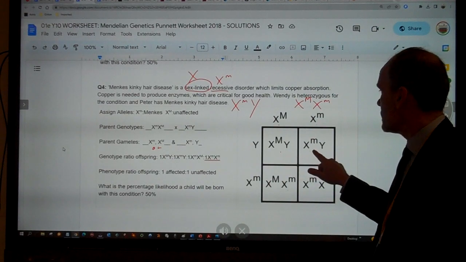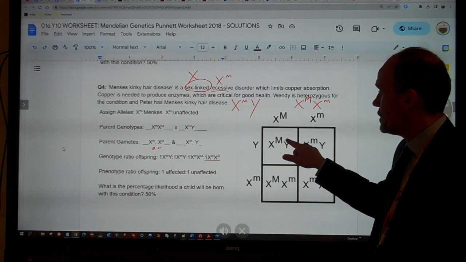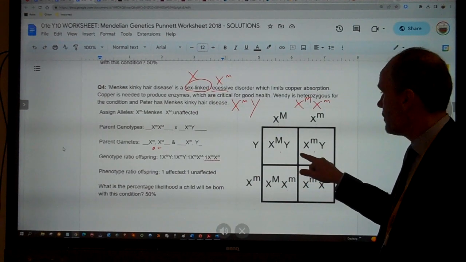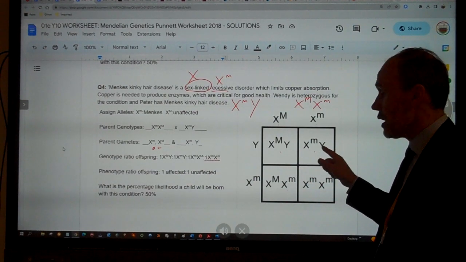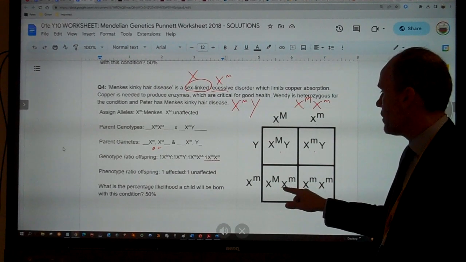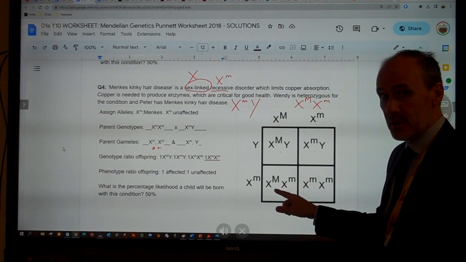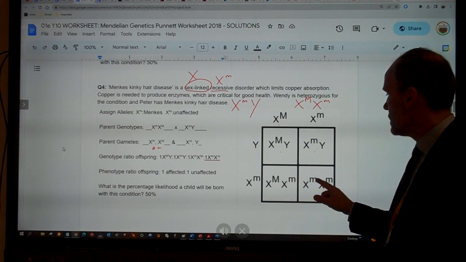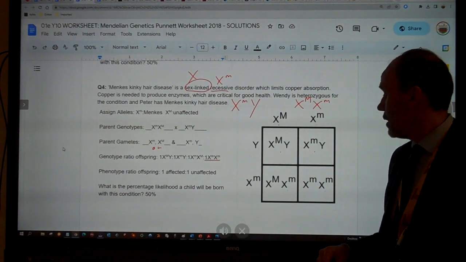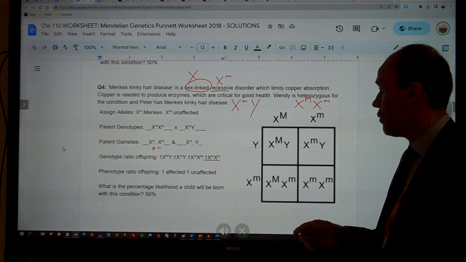And here are the sons. X, big M, Y, so recessive, so this child is unaffected. X, little m, Y, we have a son with the condition. X big M, X little m, a daughter who is unaffected but a carrier, and X little m, X little m, a daughter who is affected.